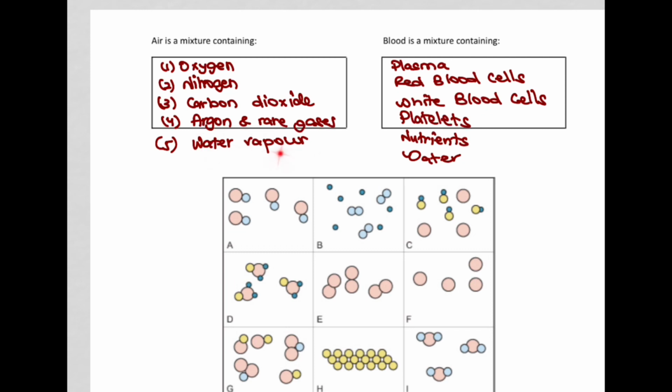There is a variable amount of water vapor, and depending on the quality of air, the amount of carbon dioxide will be different. So air is a mixture, and even if we know the composition, it's not a fixed ratio, it's just a percentage composition. Blood contains all these things, and the amount of all of them can vary.